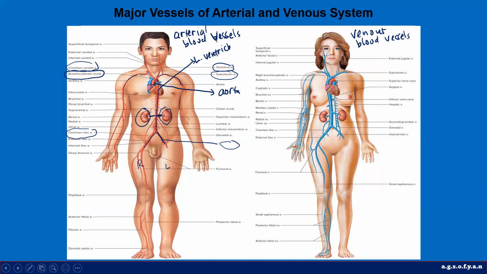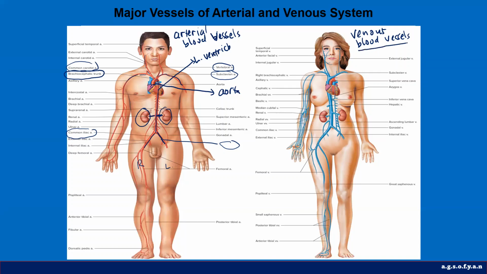So this is the arterial blood vessel. Inside the organs, these arteries will become arterioles, combined with the venules to make capillaries, and then these capillaries will make the vein. Okay?